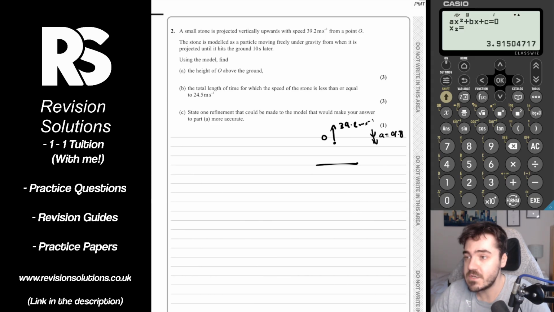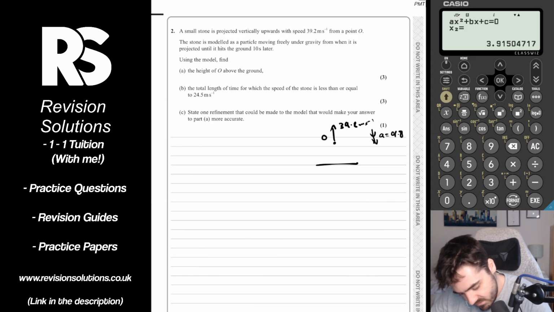If the acceleration is constant, that means we're allowed to use SUVAT. What we're after is this distance h. We know it hits the ground when t equals 10, if we consider t equals 0 to be when it first leaves O.